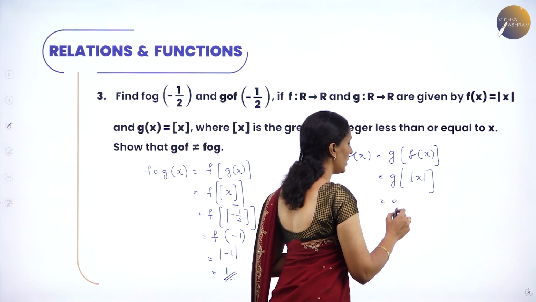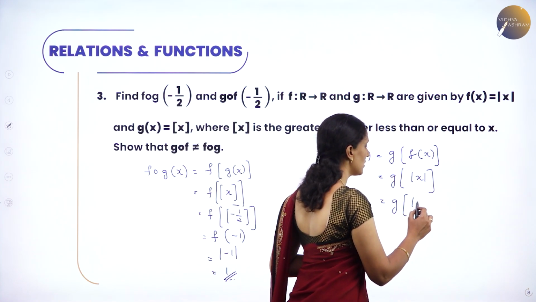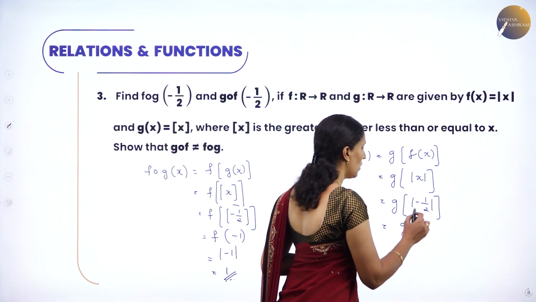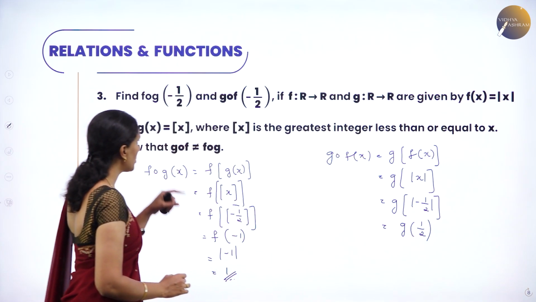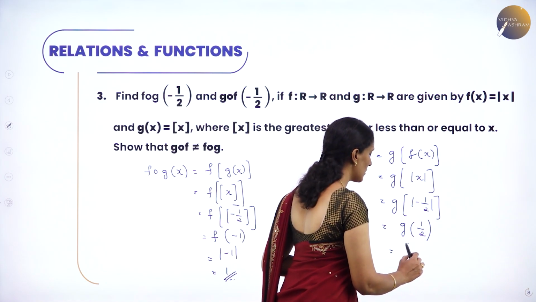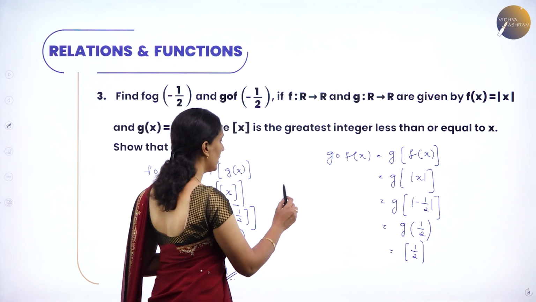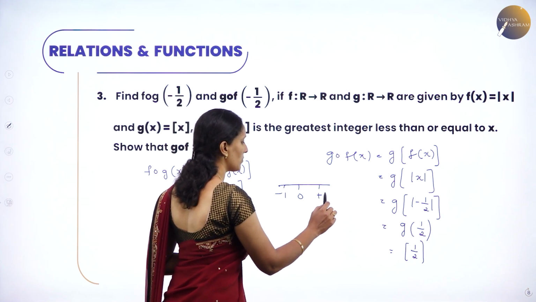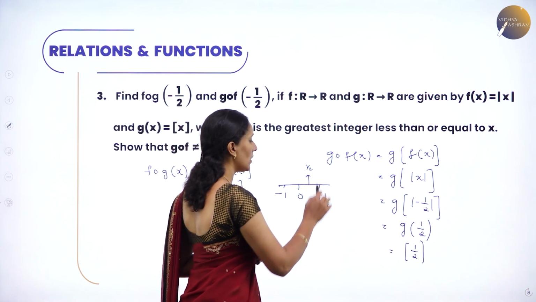The modulus of -1/2 is equal to 1/2. How is the function g defined? g is the greatest integer function, so g(1/2). 1/2 is 0.5. On the number line you have -1, 0, +1, so 1/2 is a value between 0 and 1.